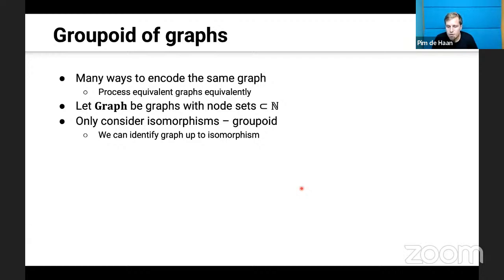Andrew is raising a hand. Yeah, I just wanted to chime in. As far as examples go, you can get an example by taking any category and just throwing away all of the morphisms that are not invertible.